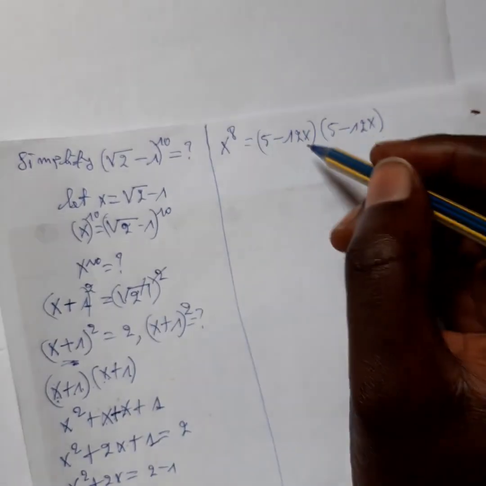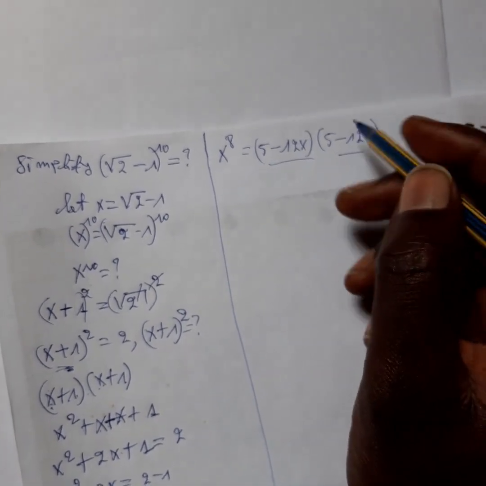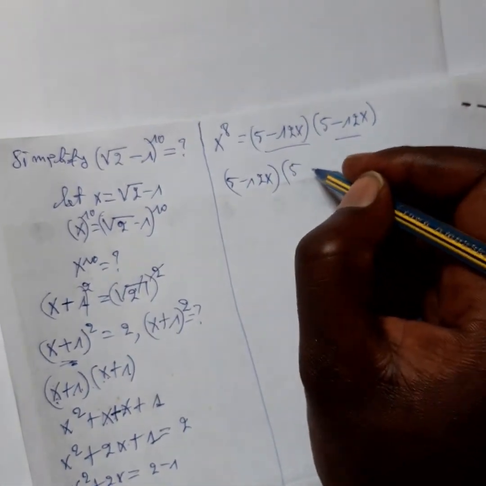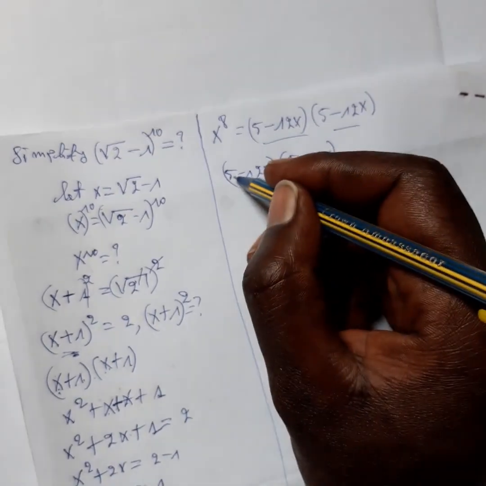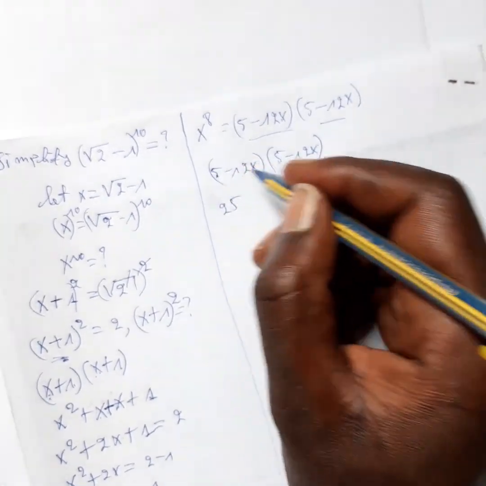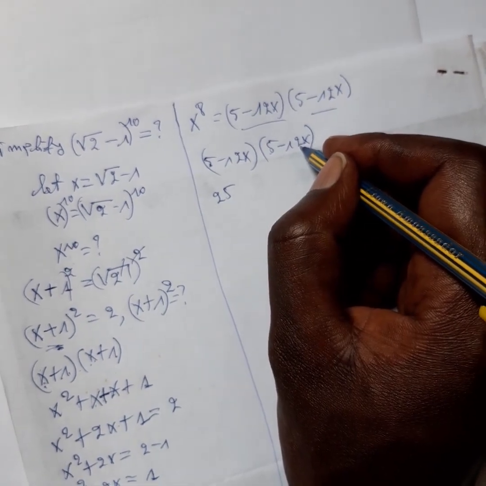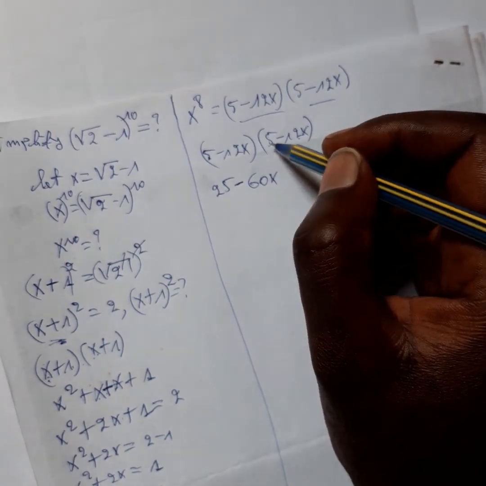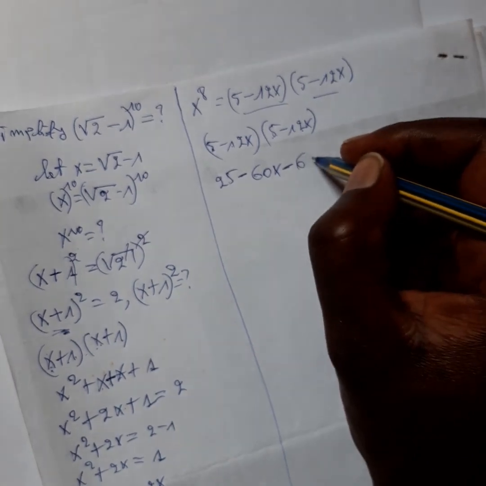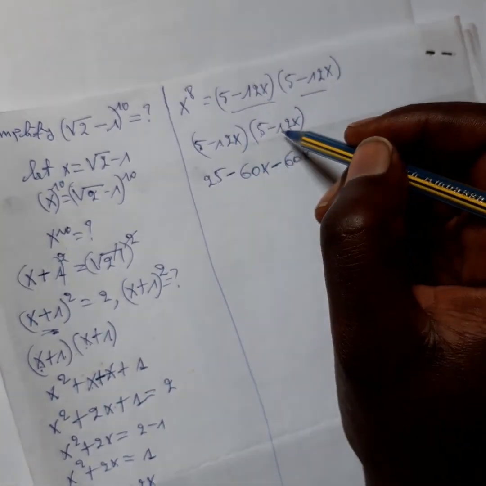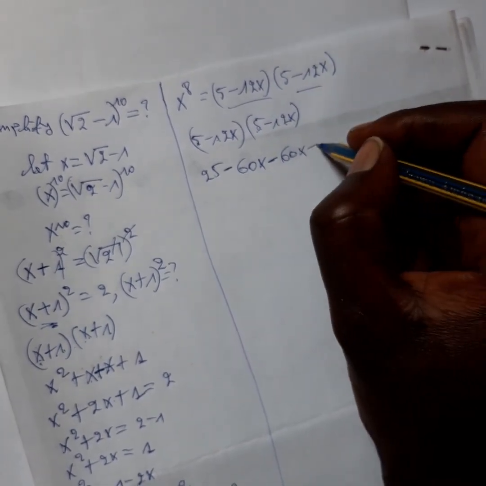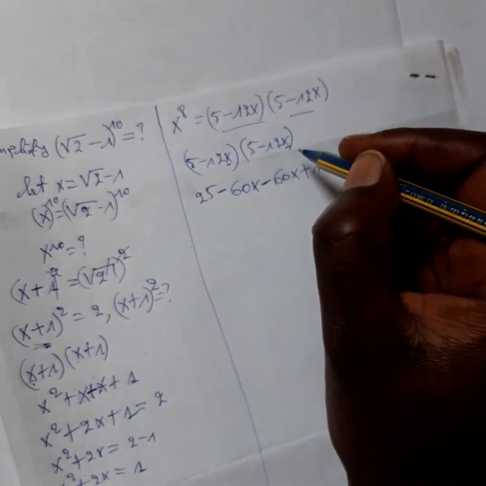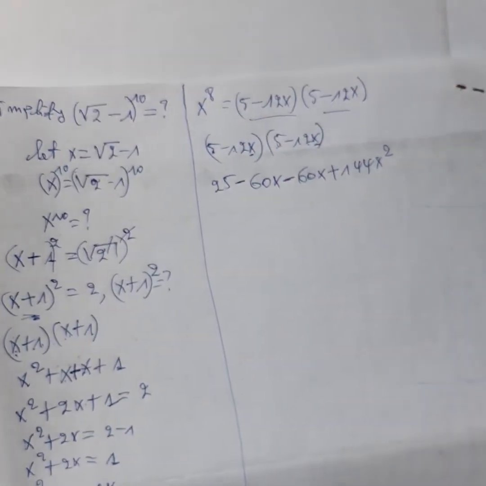Let's multiply these. 5 times 5 is 25. 5 times 12 is 60, minus 60x. 12 times 5 is minus 60x. 12 times negative 12 is positive 144x squared, because this is x and this is x, so it is going to be x squared.